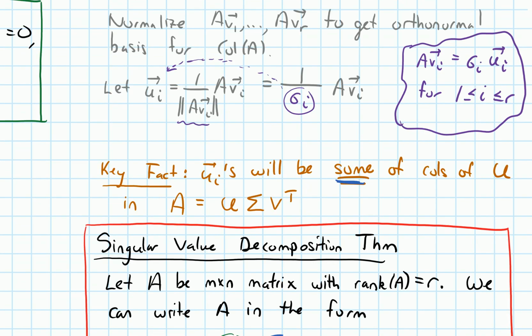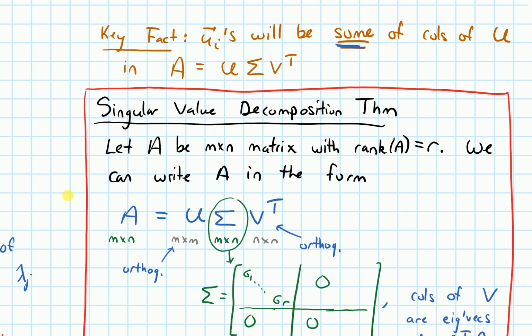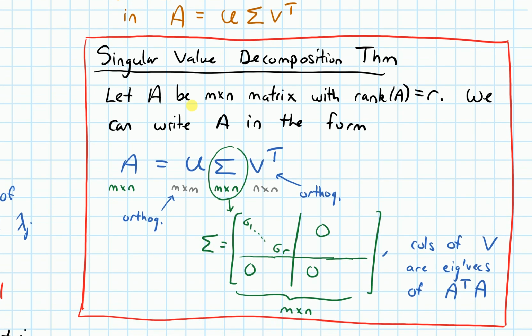So the singular value decomposition theorem. This says that if A is an m by n matrix with rank r, we can write A in the form that we've been talking about, U times sigma times V transpose, where U and V are both orthogonal matrices. U is m by m, V is n by n. We've already said what the columns of V look like.